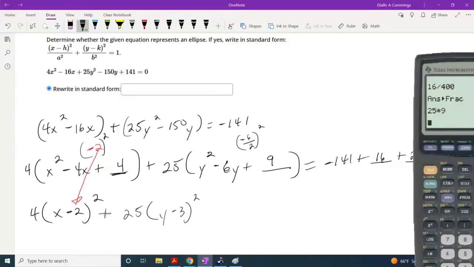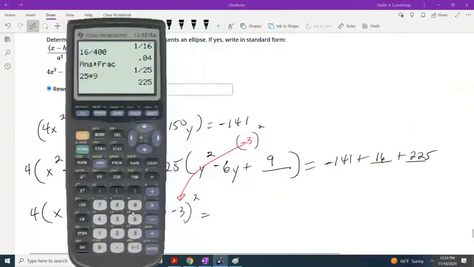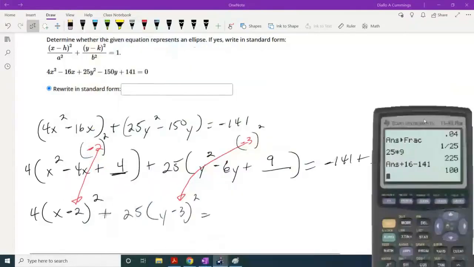Right, because if I look at that, negative 6 divided by 2 is negative 3. That's my magic number. That's equal to 225 plus 16 minus 141, that should give us 100.